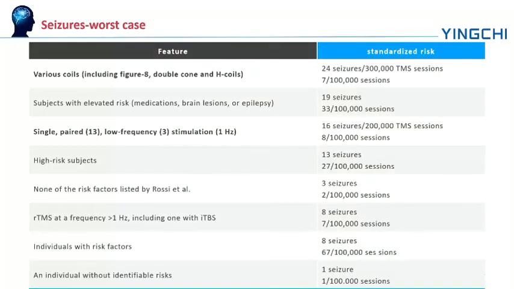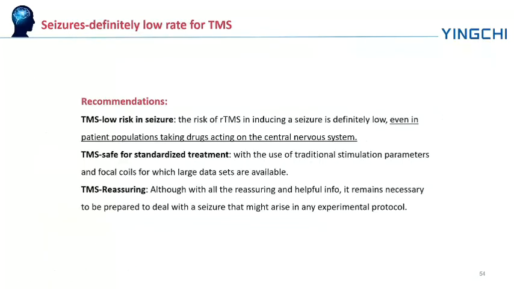Here, seizures may be the worst case among the TMS AEs, and as you can see here, these are the rates listed in the safety guidelines. Seizure is the worst term for TMS, but the risk of rTMS inducing a seizure is definitely low.